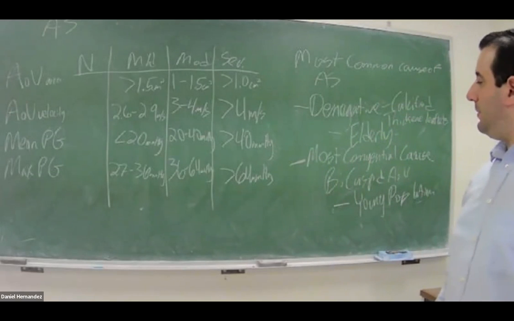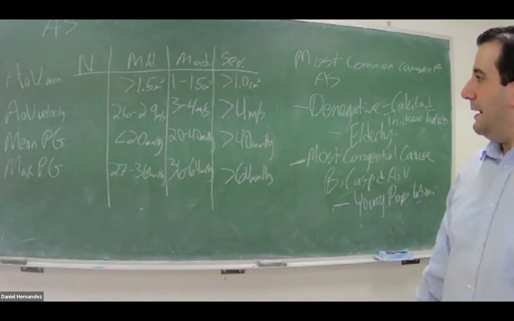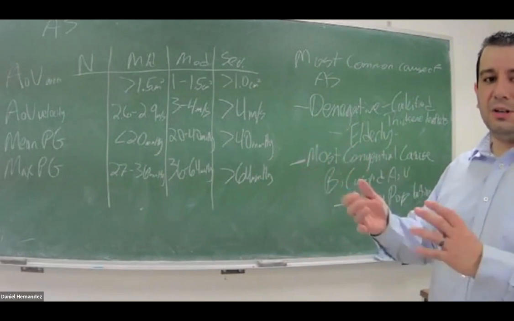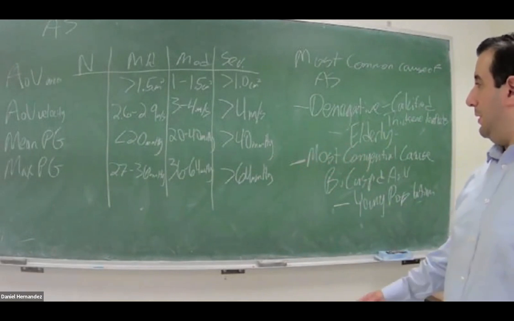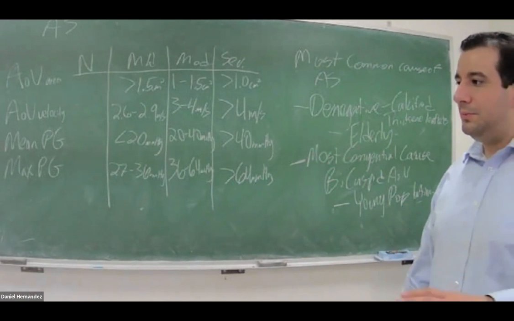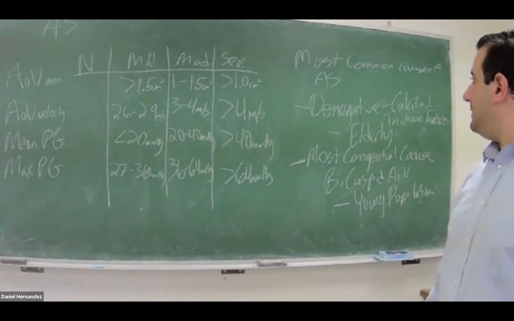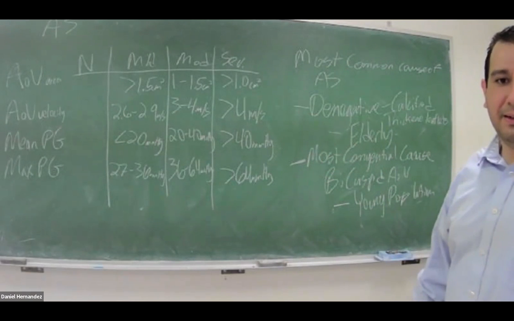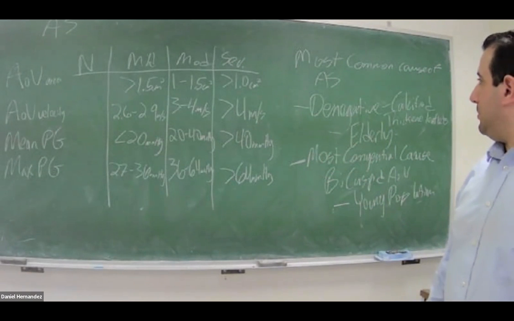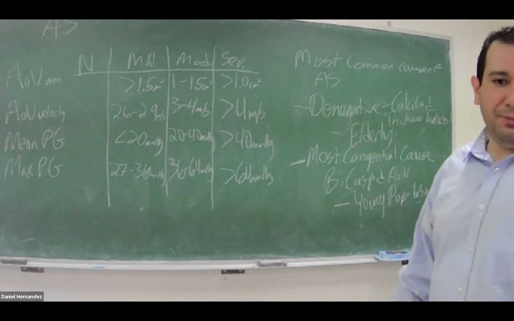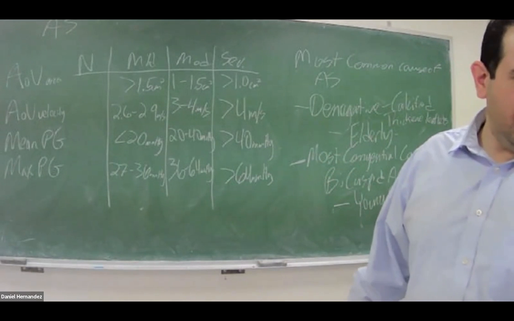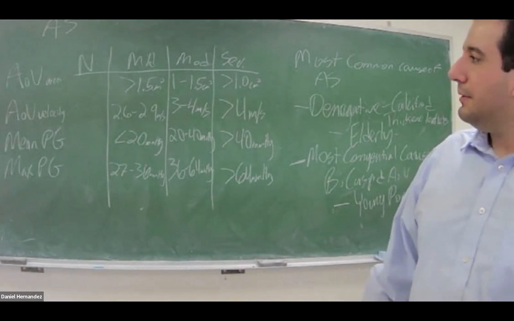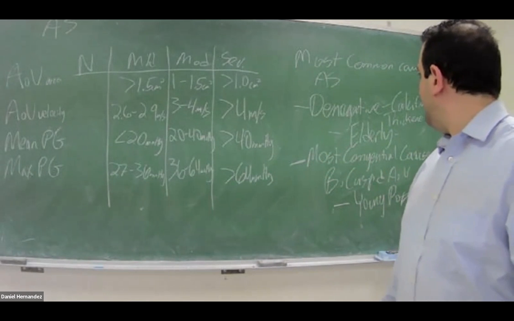Even if that valve is very stenotic, if there's still good systolic function and movement of blood flow, it is limited, but the likelihood of finding thrombus is fairly low compared to someone who's got a low EF. But there is that risk.